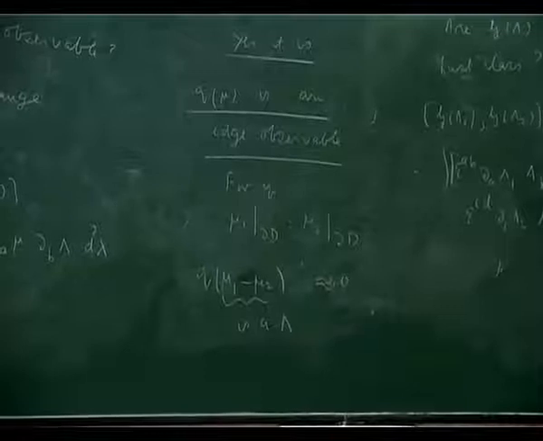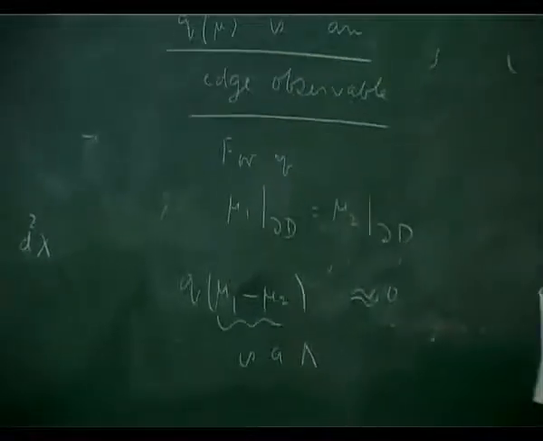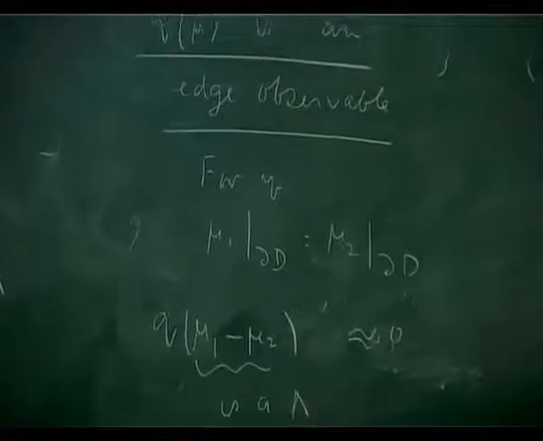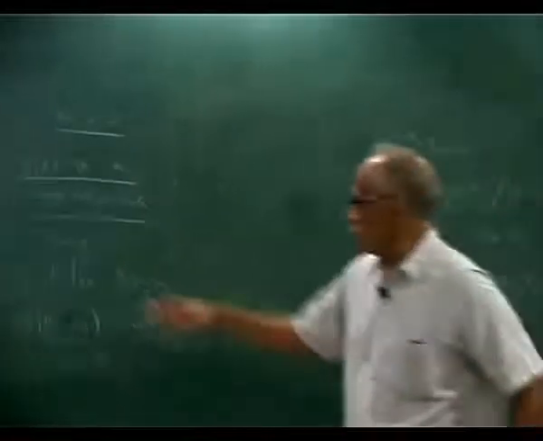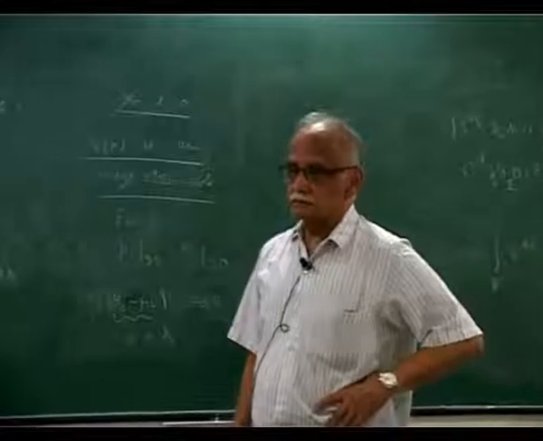Okay. So all that is left here is an edge observable, because the way you extend the test function to the bulk makes no difference.